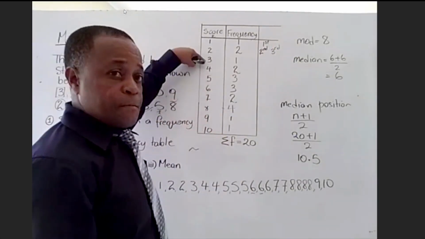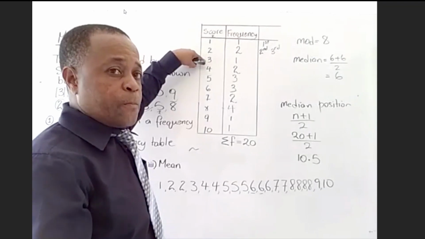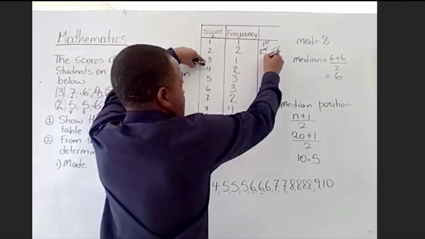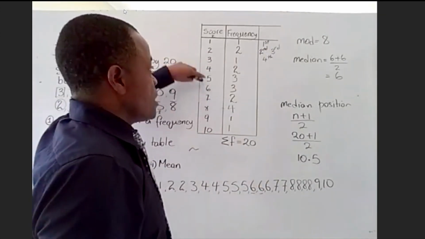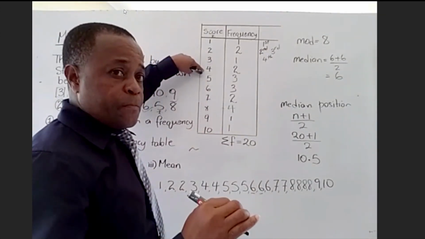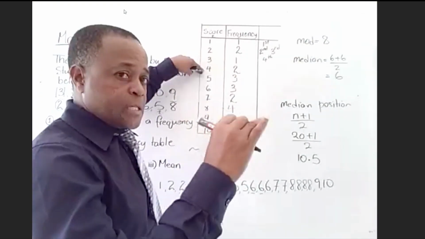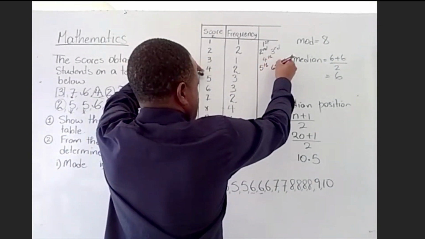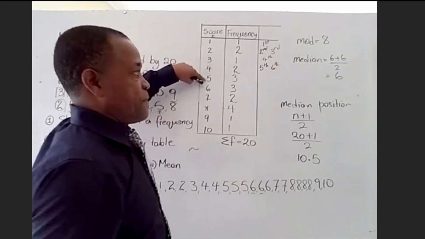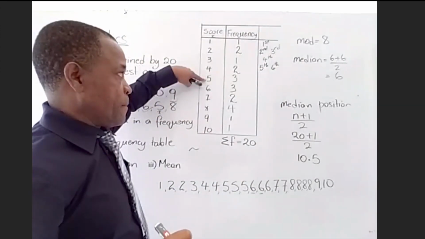All right. 3 will now take up the fourth position. We can go on like that. Now 4 will take up the fifth and the sixth position. 5 will now take up what?